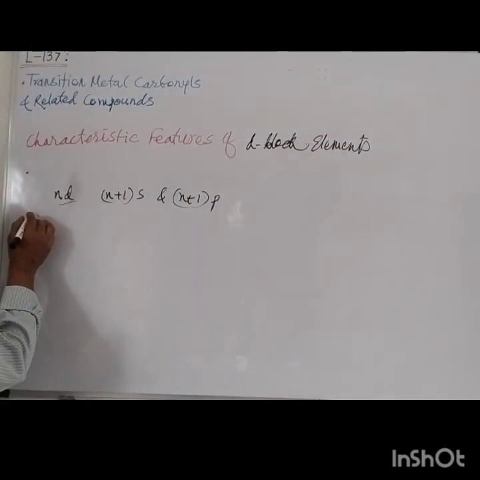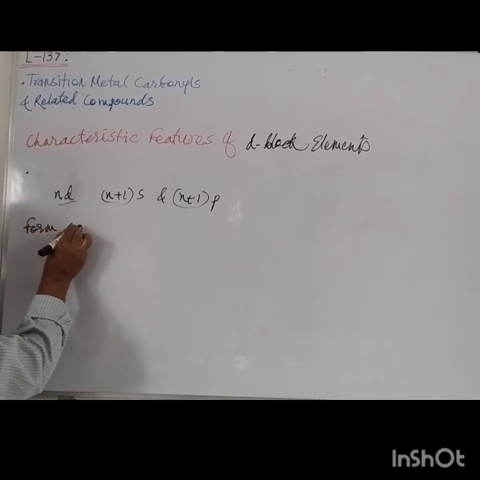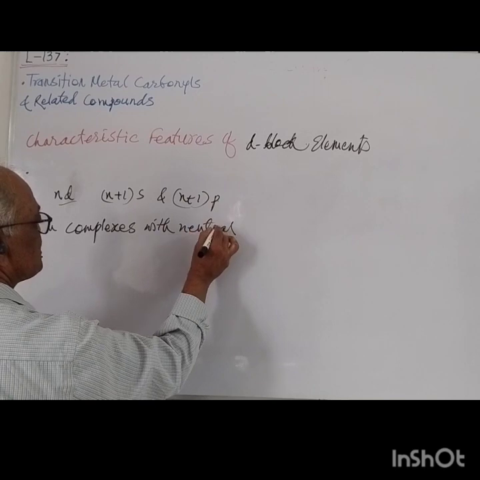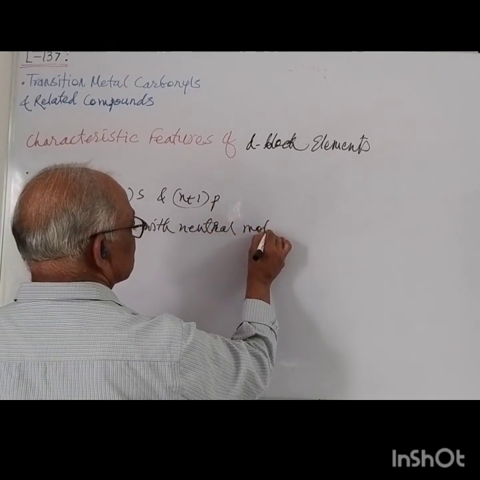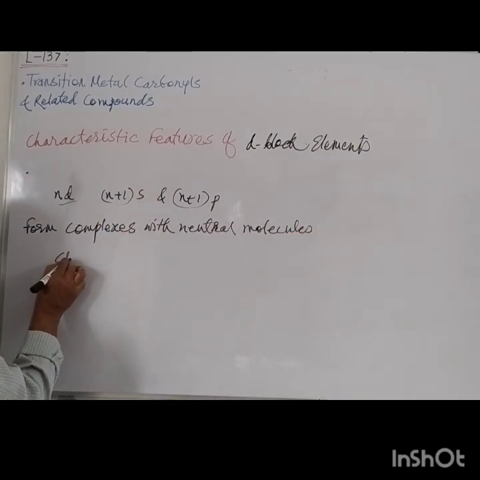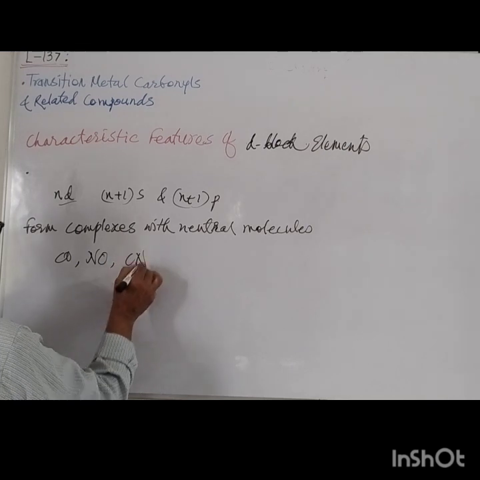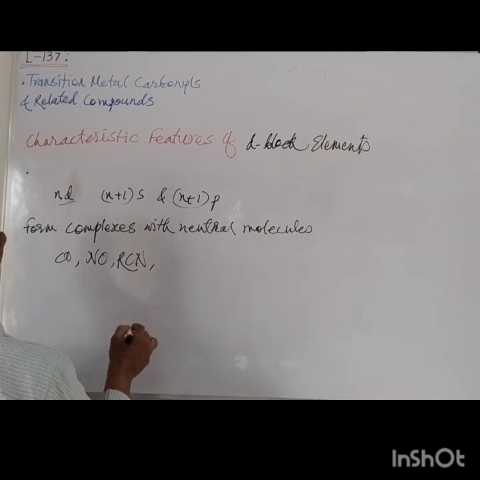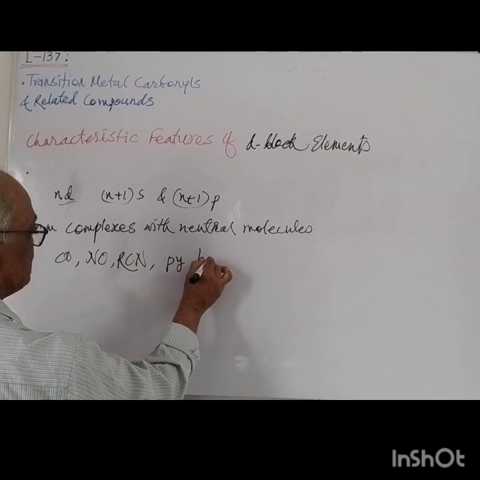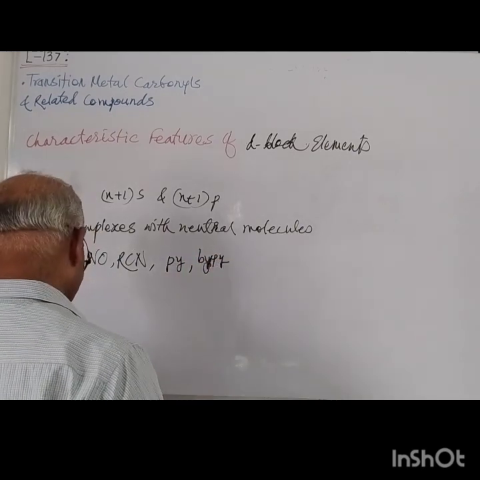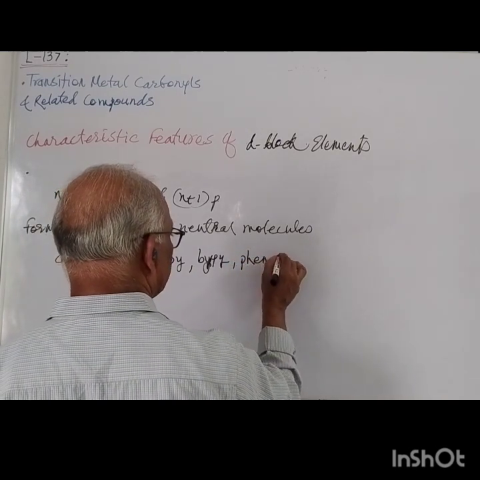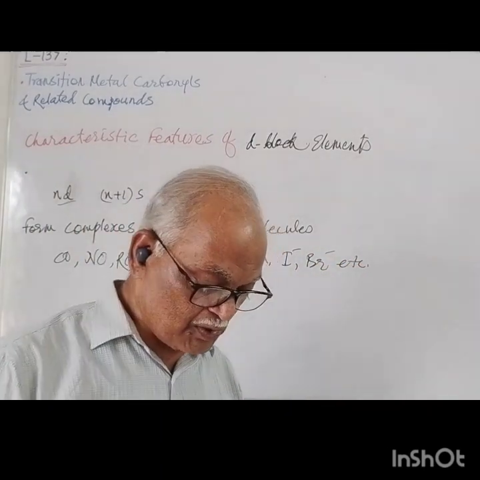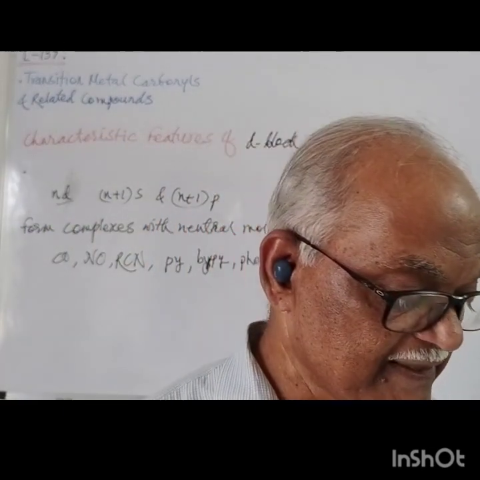First is, they can form complexes with neutral molecules such as carbon monoxide, nitric oxide, similarly isocyanide or RCN, then pyridine, then bipyridine, then phenanthroline, I-, Br-, etc. So negative ions are also used for the formation of complexes.